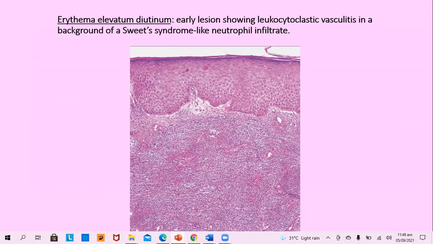Histology shows in early lesions there is leukocytoclastic vasculitis. You can see the fibrinoid necrosis of blood vessels with a background of Sweet syndrome-like neutrophilic infiltrate, both perivascular and interstitial. So other than this leukocytoclastic vasculitis, the rest of the features are very similar to Sweet syndrome.